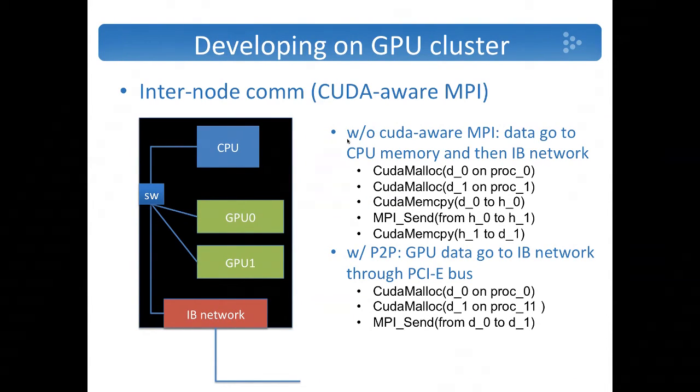So you just put the device pointer into the function. You can see here in the CUDA malloc, you malloc the memory on different devices, and you just send them directly. That's quite easy and simple, and it will achieve a much faster speed because the memory doesn't need to go to the host memory first, then go back to the InfiniBand. They go from the GPU memory to the InfiniBand buffer memory and then go to other nodes.